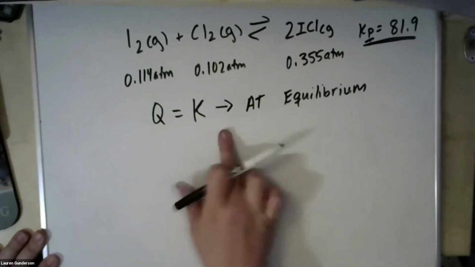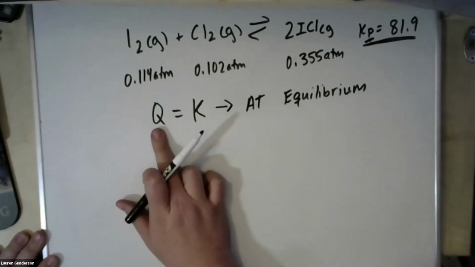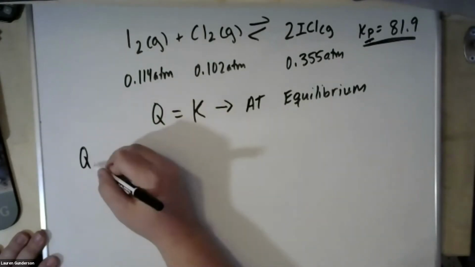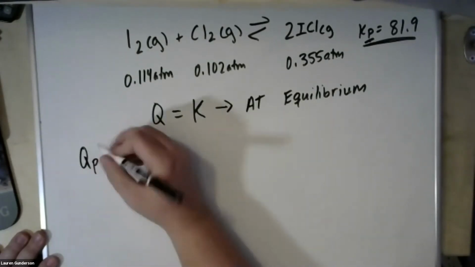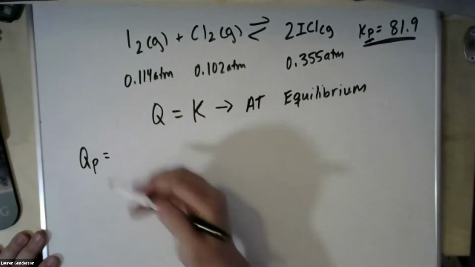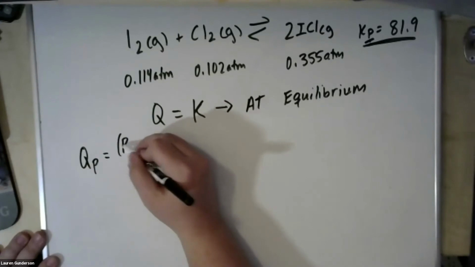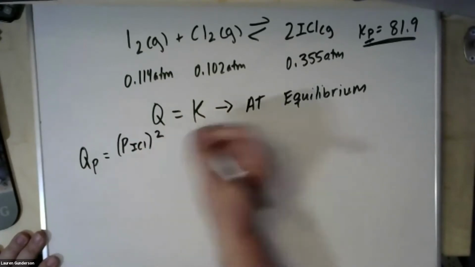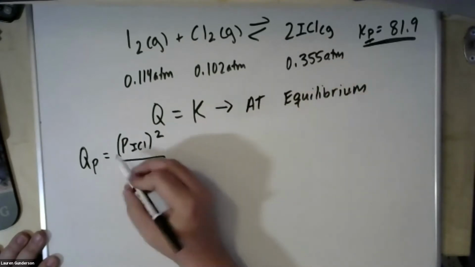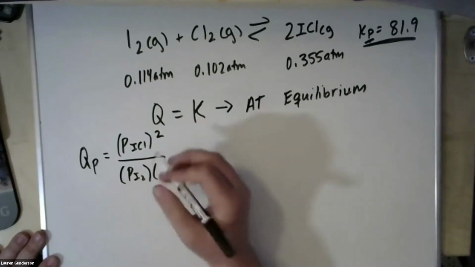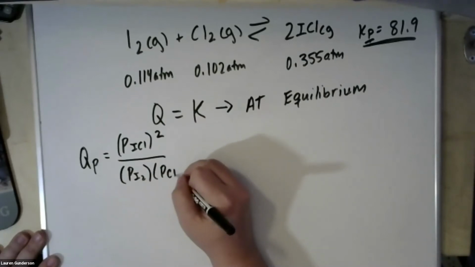So we're going to set up our Q expression the same way we would set up our K expression. To find our Q using the pressures, it's going to be products over the reactants raised to the coefficients. So the pressure of our ICl squared, divided by the pressure of our I2 times the pressure of our Cl2.